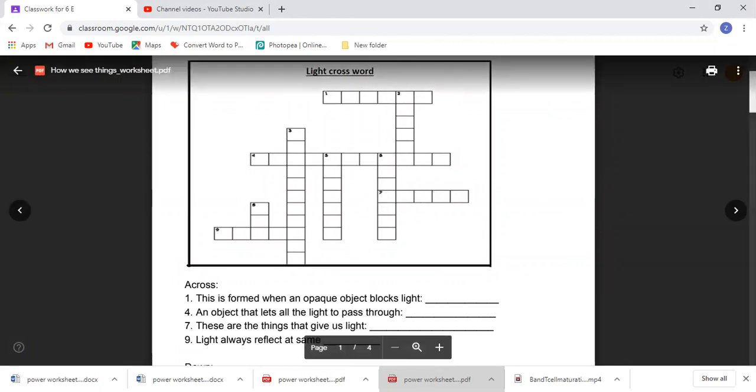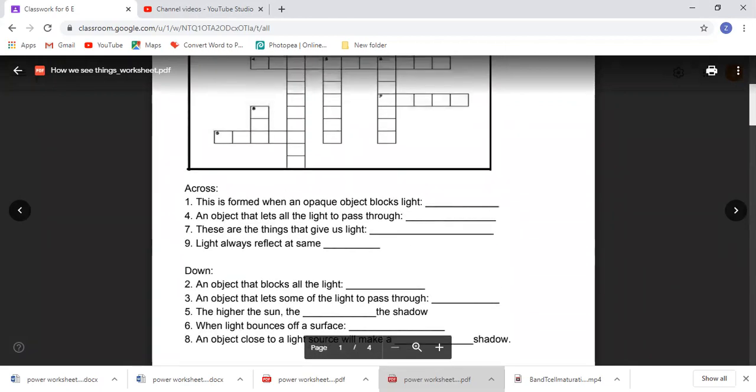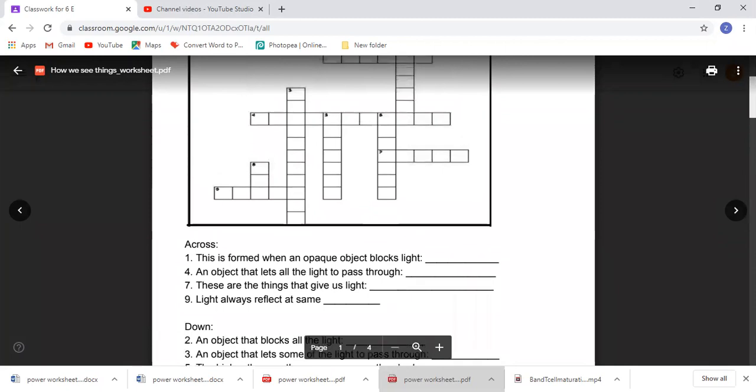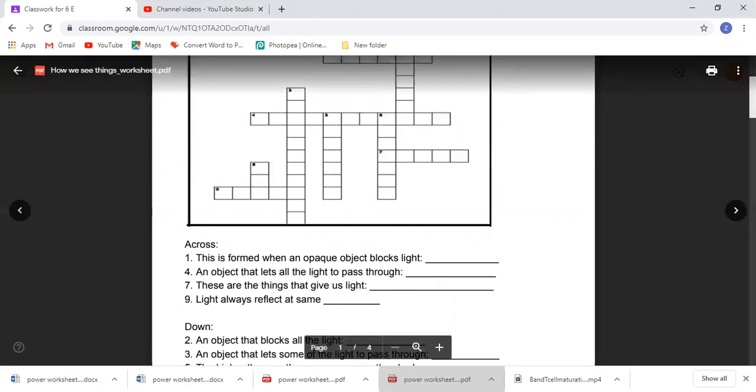So 7 is this, right? And this is for the things that give us light. So we are just going to write SOURC... Okay, SO... Source is not going to come. So LIGHT, light source.